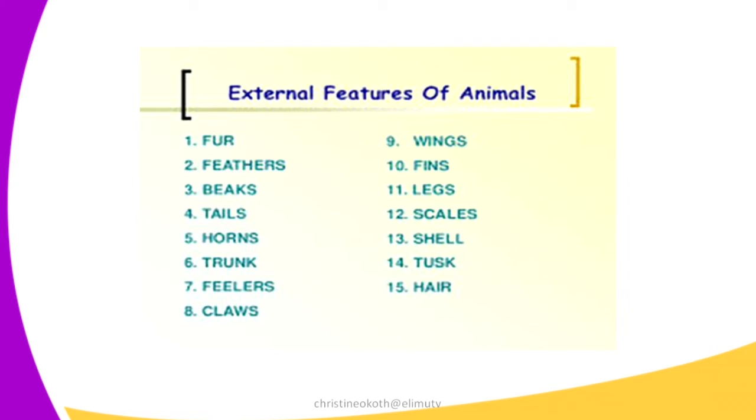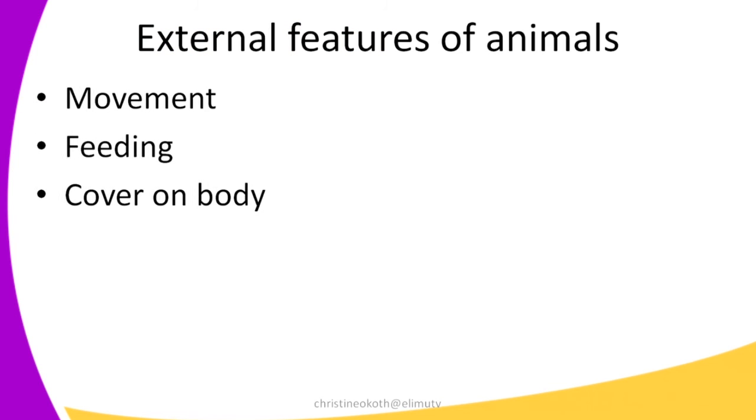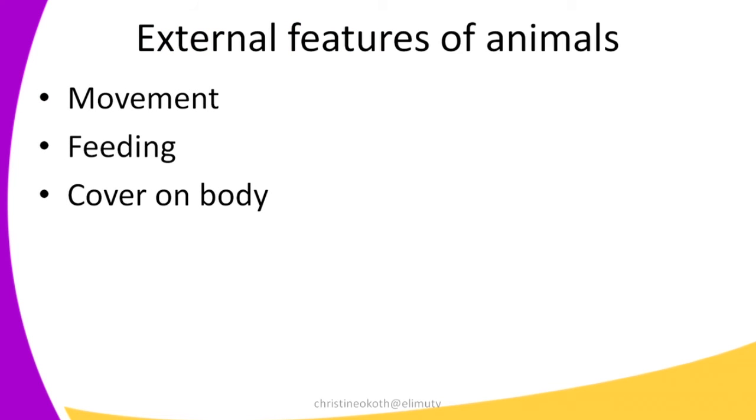We can identify these in terms of the way they move. What do they use to move? Then in terms of feeding, what do they use to feed? Then what is on the cover of their body?